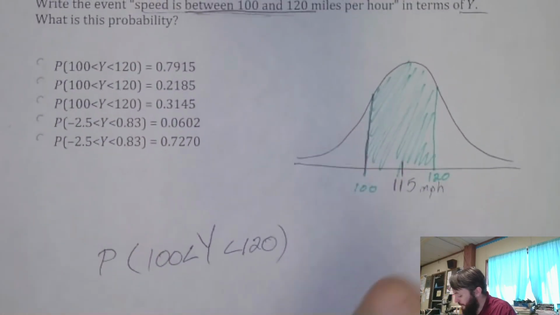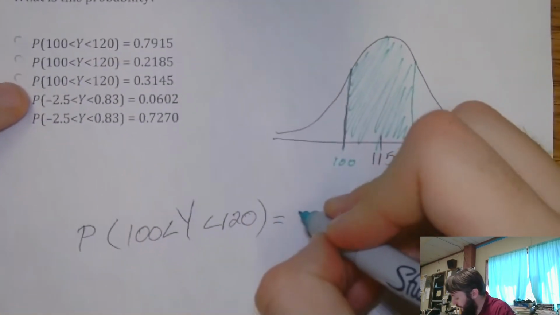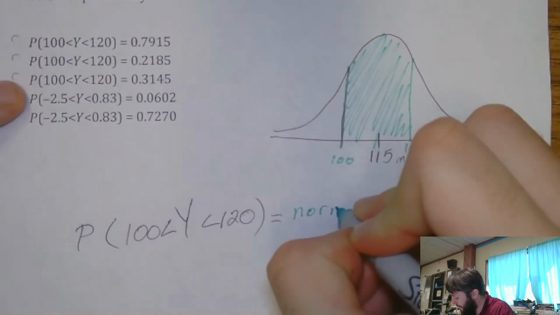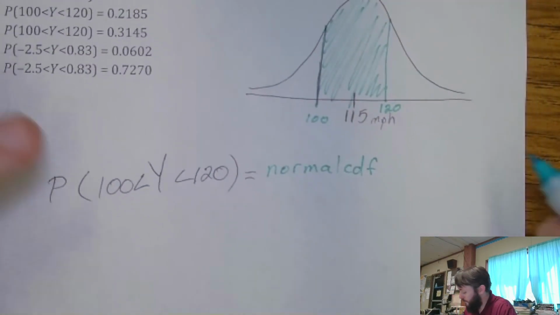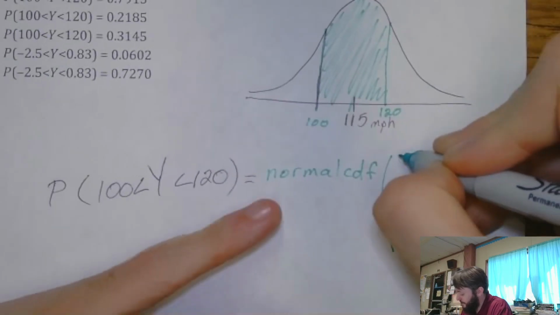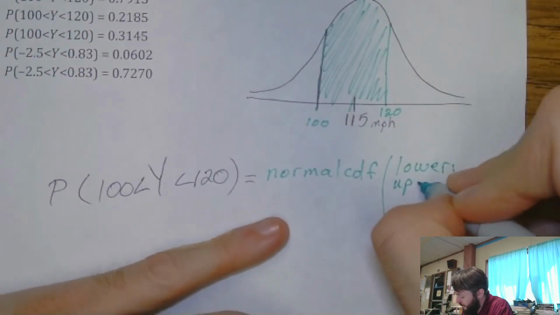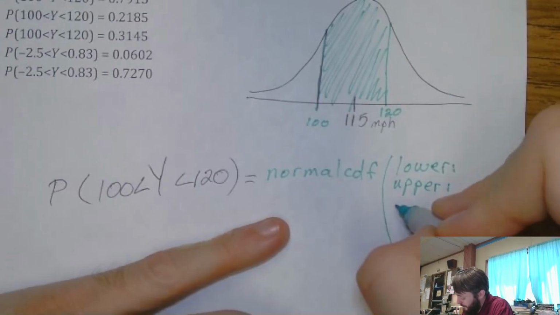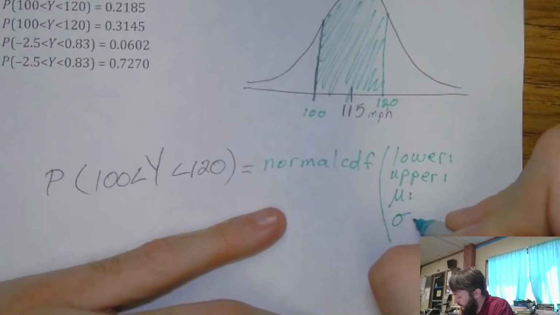So the probability of that, well, now we're going to have to break out the normal CDF. For normal CDF, we need four things: the lower limit, the upper limit, the mean, and the standard deviation.